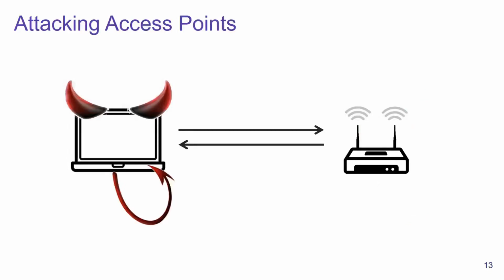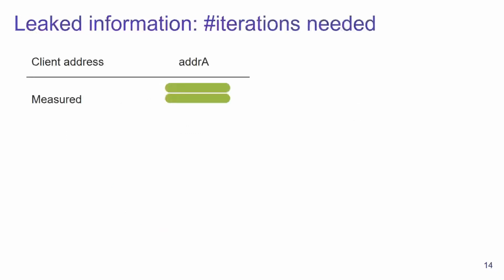In both cases, we will measure how many iterations the other device is executing. For example, if we attack an access point, we will spoof a client MAC address of A, and let's say that we can measure how many iterations the access point is executing, and in our example, it is executing 2 iterations.